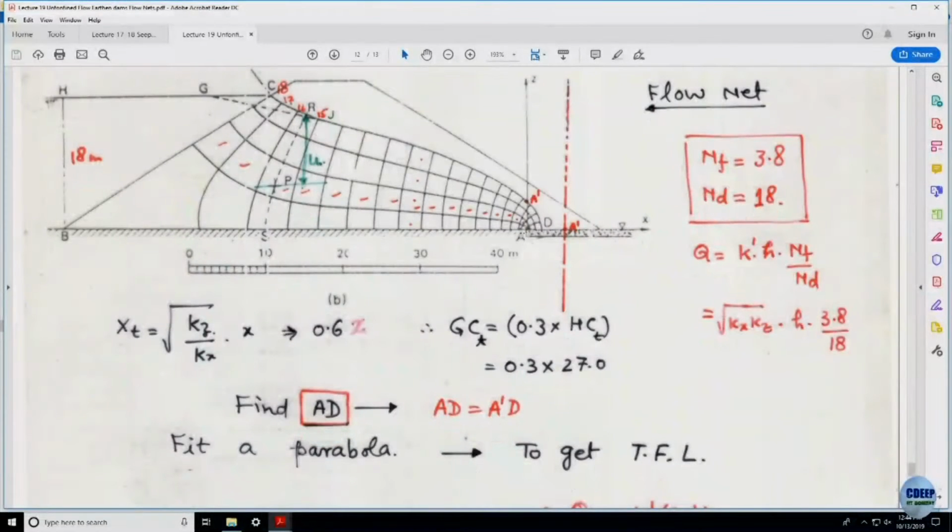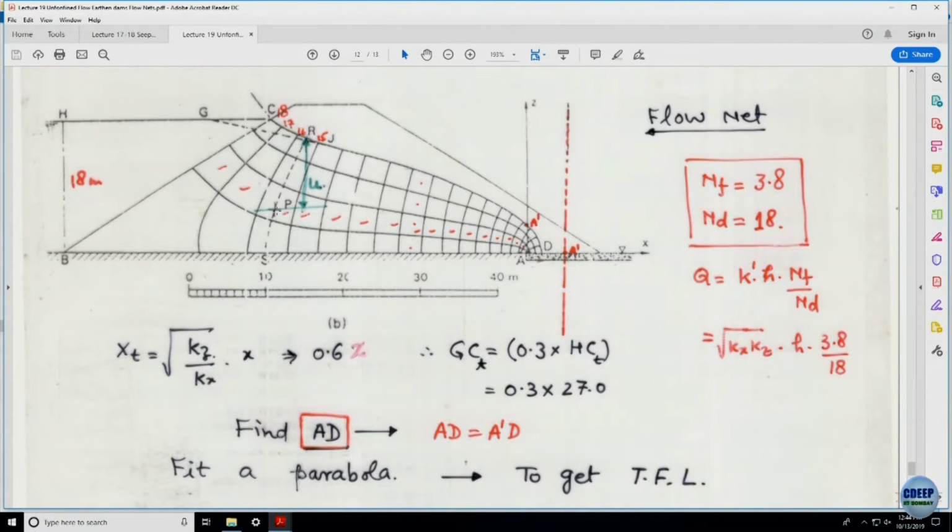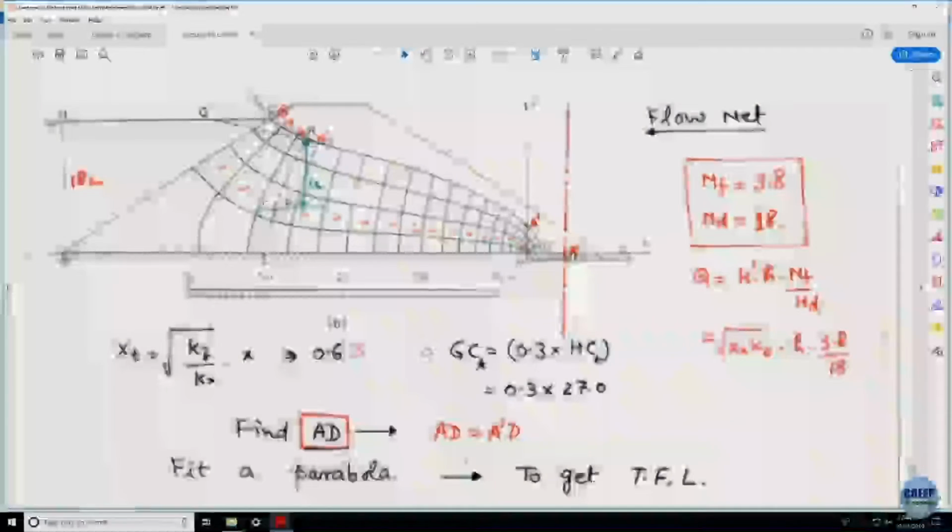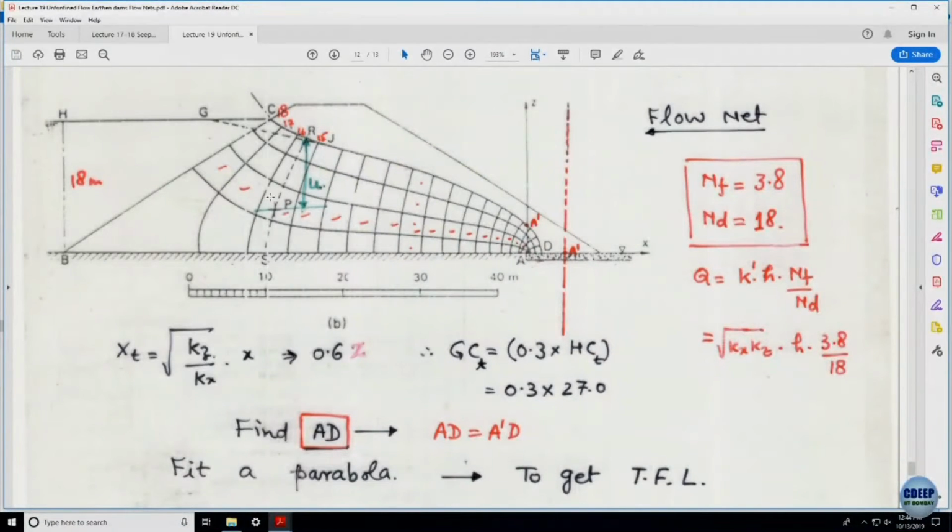What he was asking, I have tried to answer over here. At a given point P, if I want to know the total pore pressure, the thumb rule is: if the two equipotential lines are known, you interpolate in between, draw the equipotential which is passing through the point P, draw a horizontal layer.